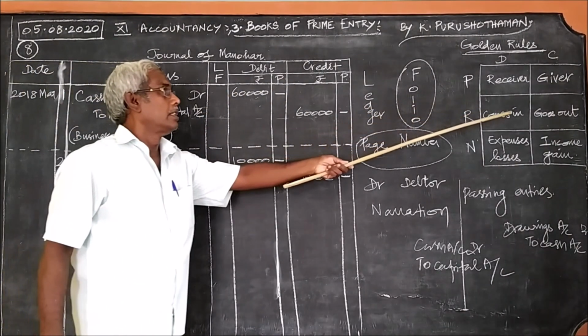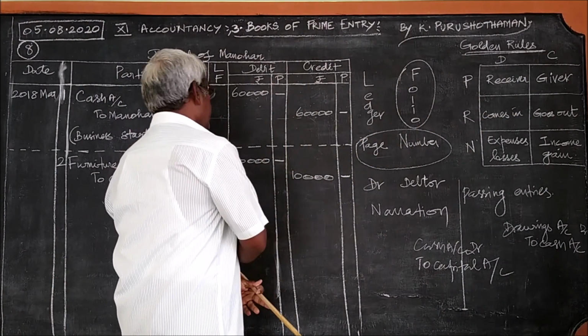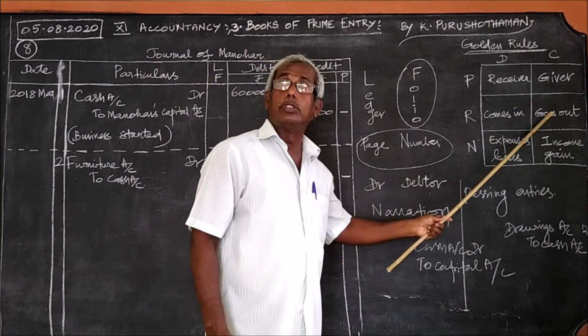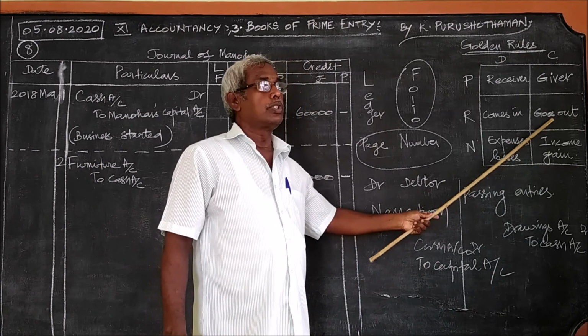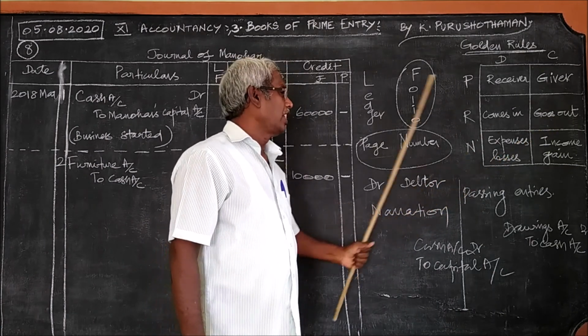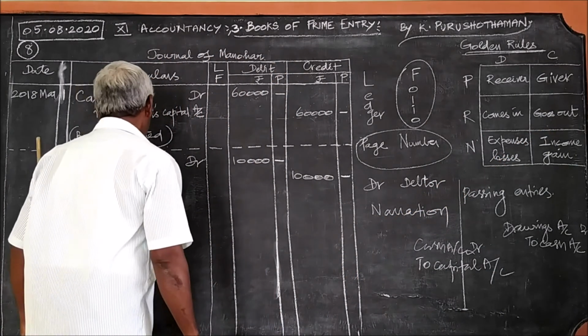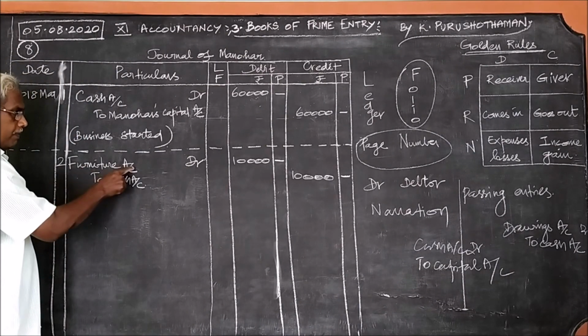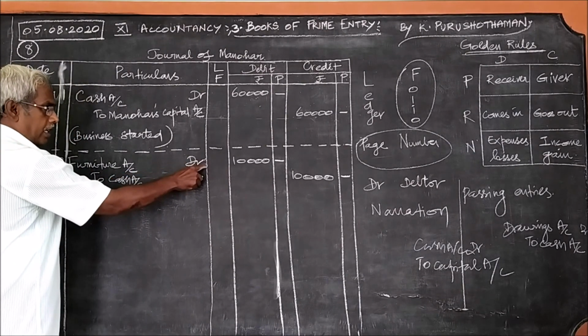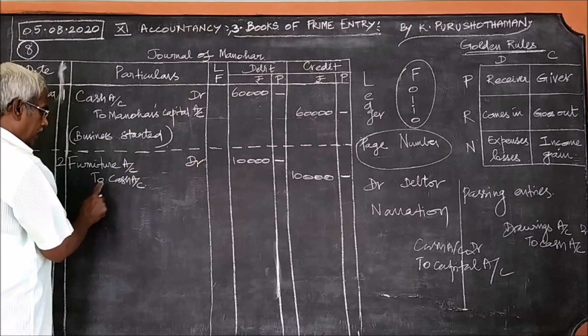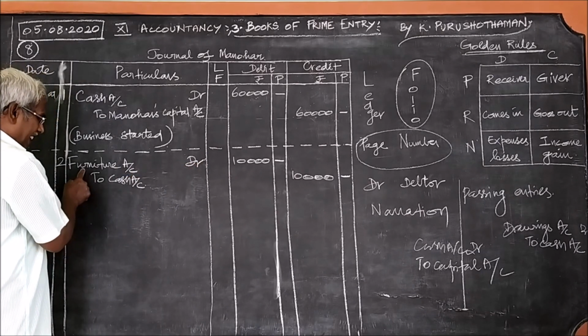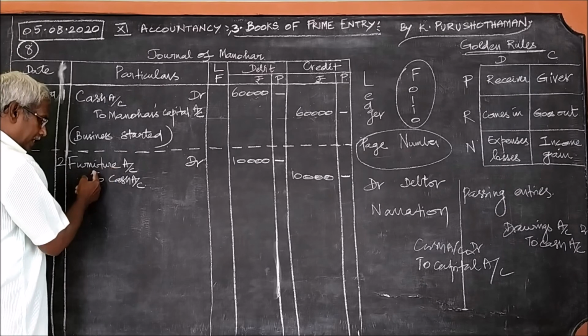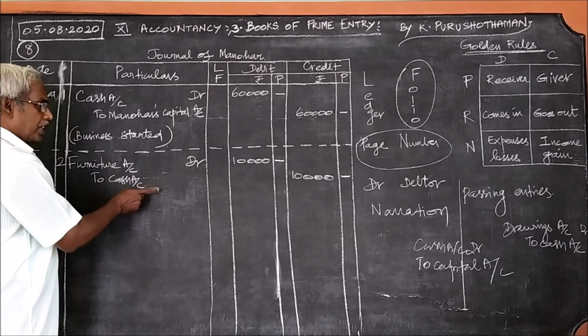For credit, second line for credit I said. What goes out? Cash goes out. Therefore, to cash account. How have I written? Furniture account from this margin. Debtor, close to the margin end. For the second line, where I have started in the middle of the word, to cash account.